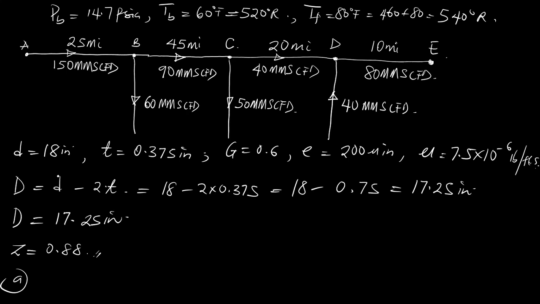So the length of BC is 45 miles from this diagram, and the flow rate is 90 million cubic feet per day.